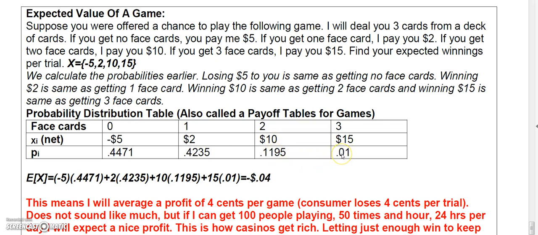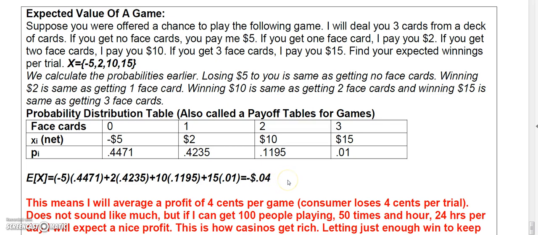And then the probability of getting 3 face cards is 0.01, and that's the same as the probability of gaining $15. So now take these and multiply them. -5 times 0.4471 plus 2 times 0.4235 plus 10 times 0.1195 plus 15 times 0.01. And notice I get -4 cents, or -$0.04.